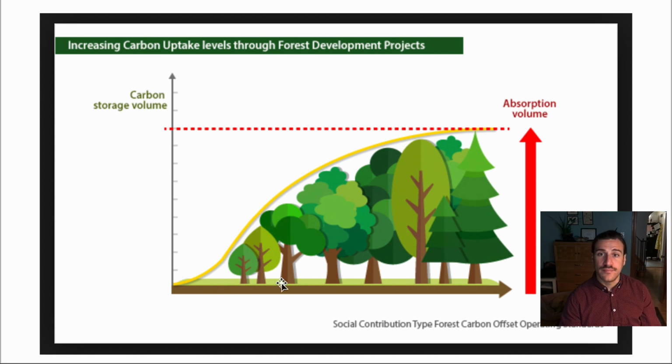So you get seeds that germinate and grow and grow and grow, and then you get these mature old growth forests. These old forests, they level off, which means the amount of carbon that they store doesn't increase indefinitely. And this is for many reasons.